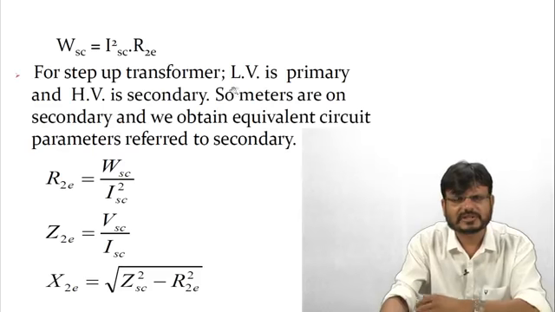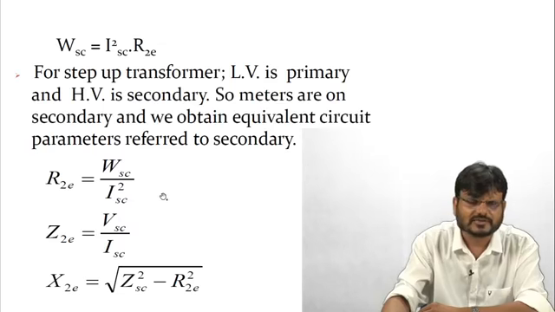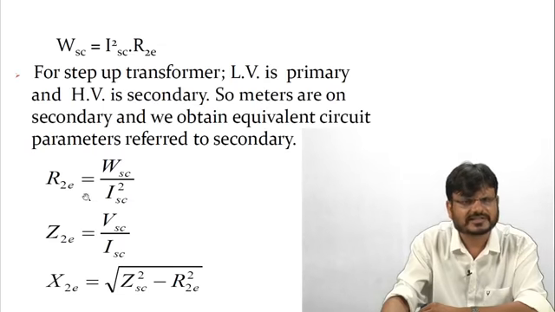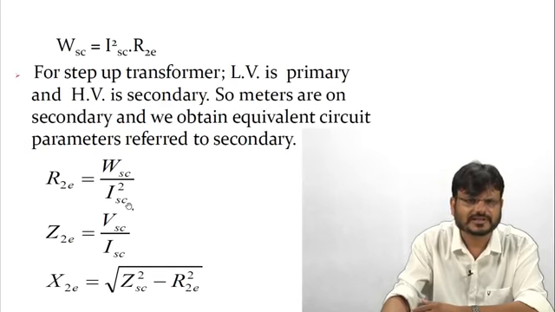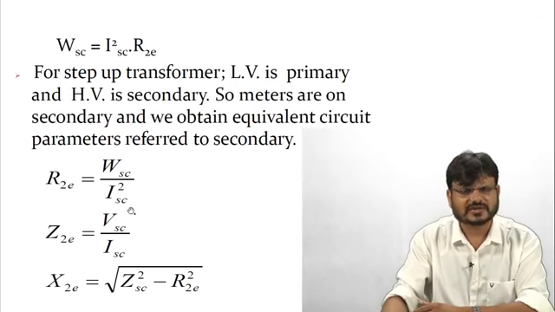For a step up transformer, low voltage is primary and high voltage is secondary. So meters are on the secondary and we obtain the equivalent circuit parameters referred to the secondary side. This is how you can find the resistance at the secondary side: R2 is equal to WSC, the reading of the wattmeter, divided by ISC square, the square of the reading of the ammeter.